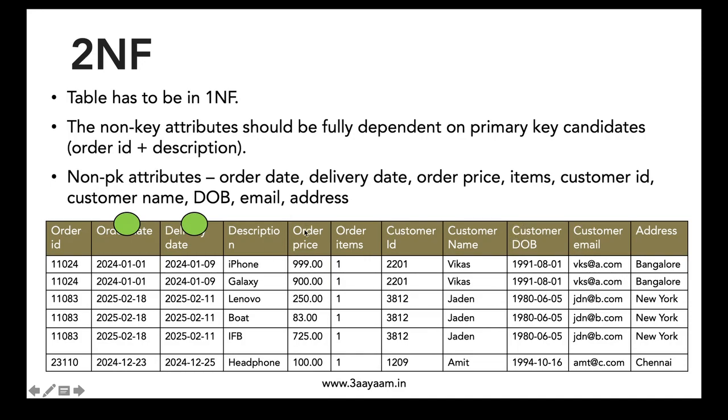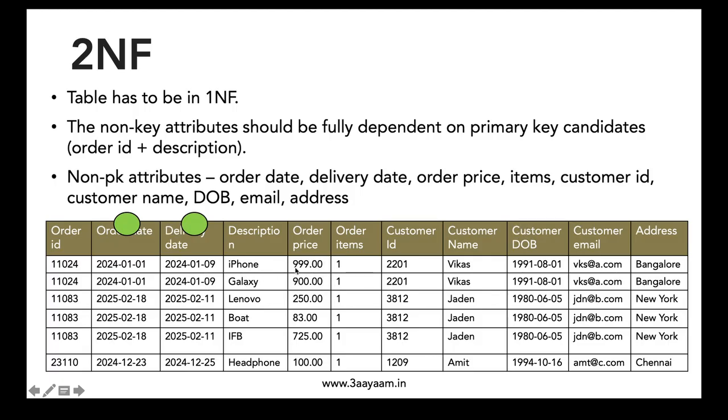What about order price? Order price is definitely dependent on description because the order price is based on the item, and this is iPhone. The price $900 is for Galaxy and so on and so forth. But is it dependent on order ID? The answer is no, because we can have another order ID with iPhone in that order and the price would be same.